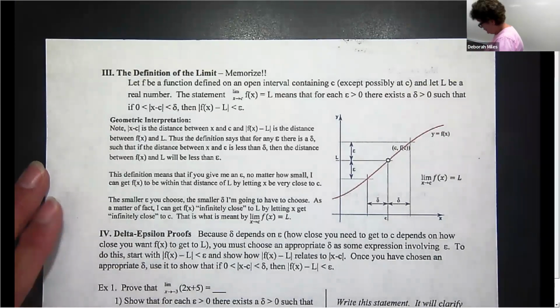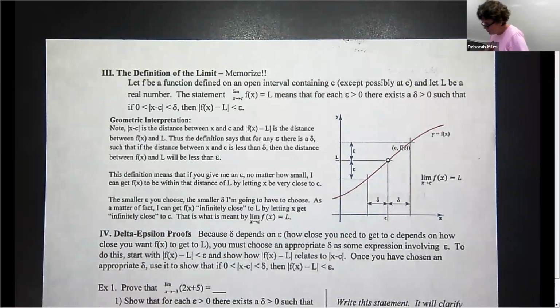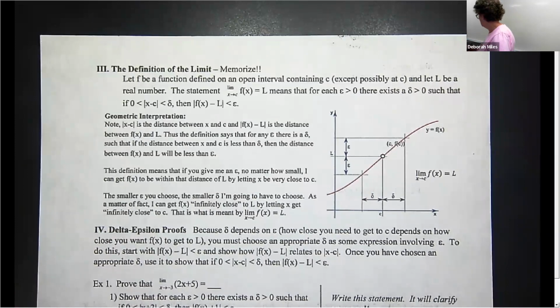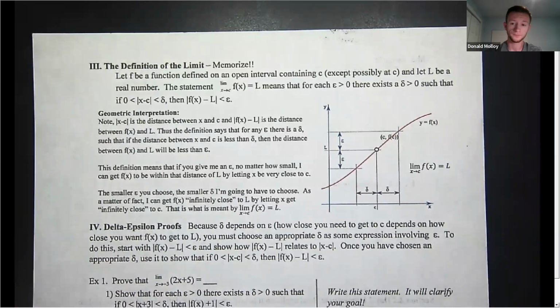Let f be a function defined on an open interval. What does an open interval mean? Well, it doesn't have to include the endpoints. It's an interval, but not necessarily including the endpoints.